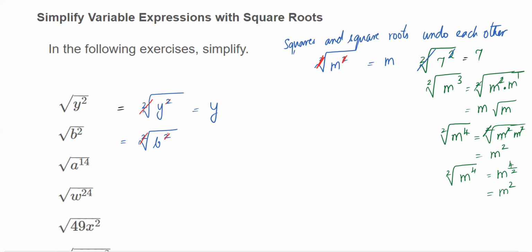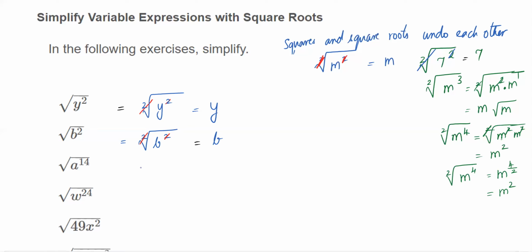Again, we don't show the cancellation in actual math because it's understood. It's actually ridiculous for me to even show that cancellation. But again, remember, this is for illustration purposes, just to explain it to you much better. But when we do it in a problem, we won't show the 2 in the root like this. We won't even show the cancellation, right? Because we understand that the root and the power will undo each other. So that is a b.